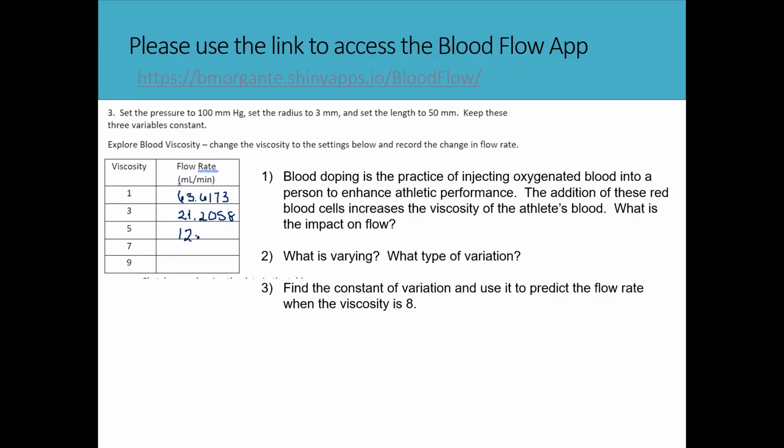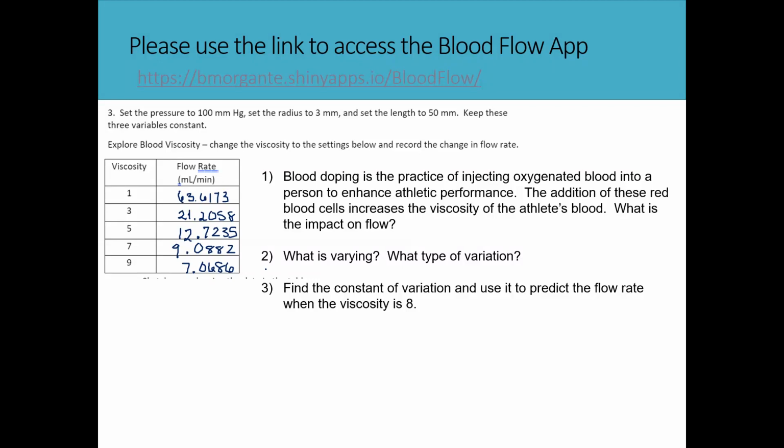So I had 12.7235, 9.0882, and finally 7.0686. So that's the data, and I definitely want to take time to look at what's going on in the data, but let me look at the questions, and then we'll come back and make some observations with the data.